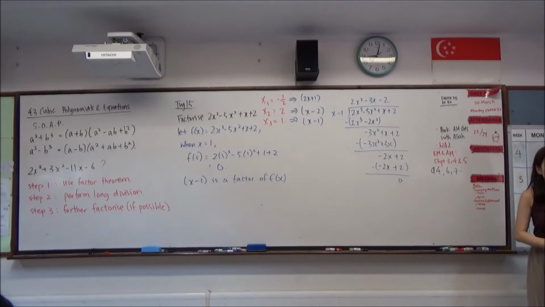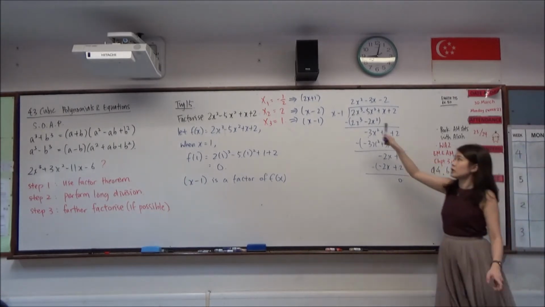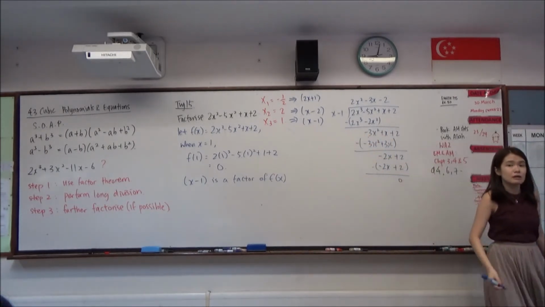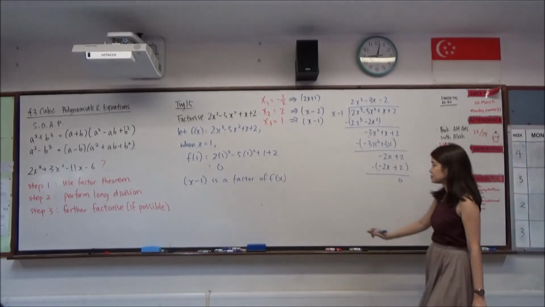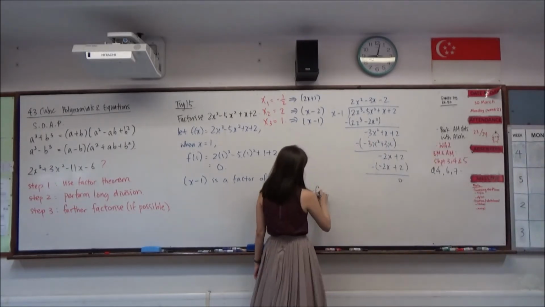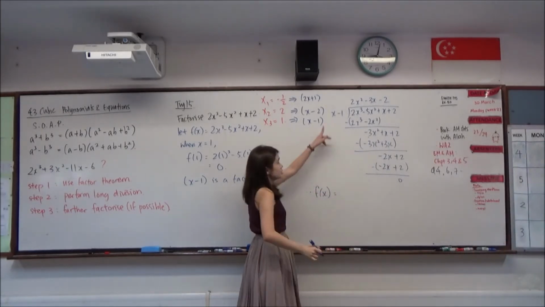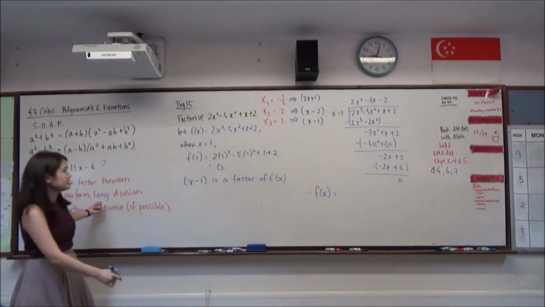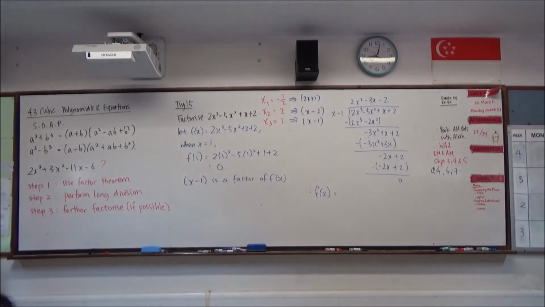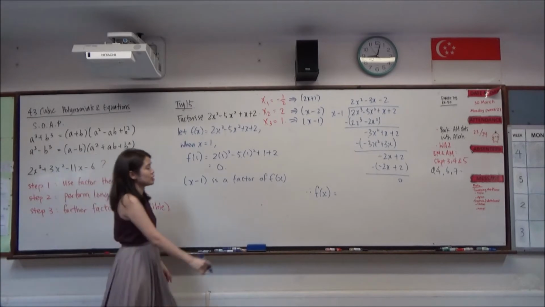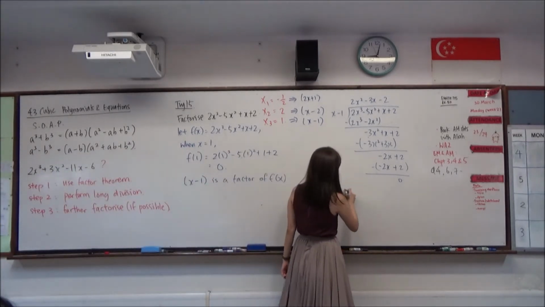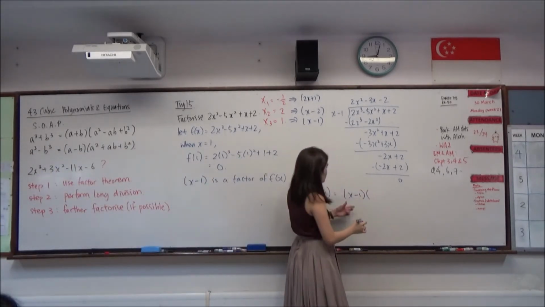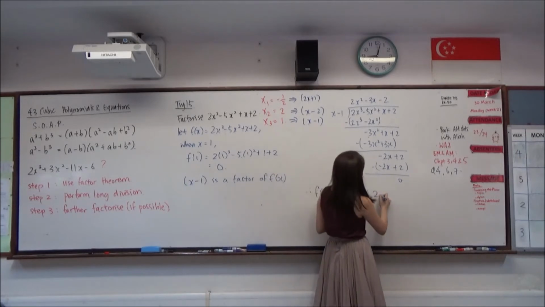Long division, your remainder will be 0 because you're dividing by a factor itself. So long division here, step 2 is done. Now we factorize the question. So it will be the divisor times the quotient.